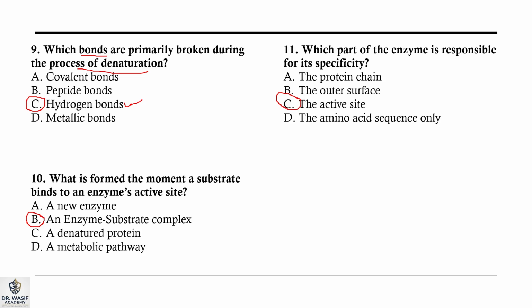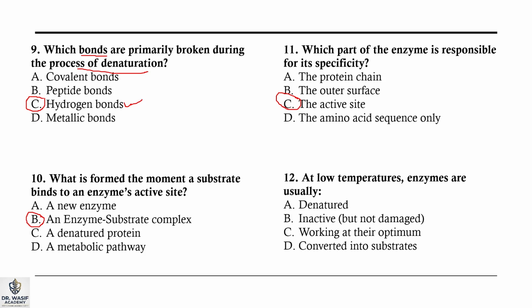It is this exact pocket that is perfectly complementary to the substrate. So if a substrate cannot fit into the active site, no catalysis occurs, making this specific region entirely responsible for the enzyme's selective nature.